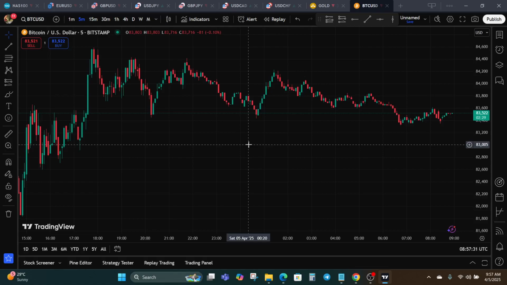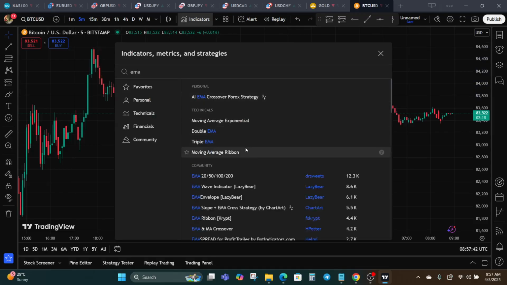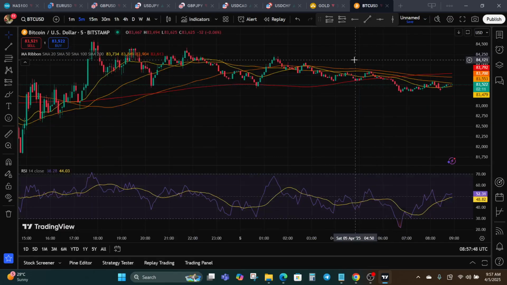We are going to be using 2 moving averages and the RSI to spot fast, clean entries and manage trades effectively. All right, let us dive in.